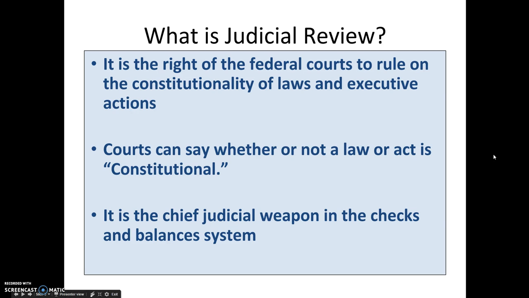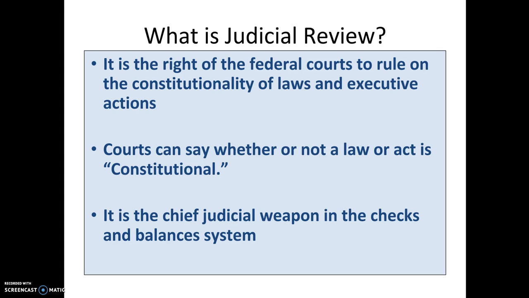Our court system also permits the courts to review actions of the government to determine whether or not they're constitutional. And this is called judicial review. Judicial review is a really important check and balance of the court system, and it essentially allows the courts to declare or strike down whether or not something is constitutional.